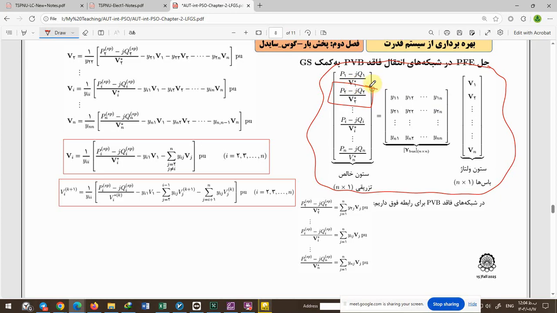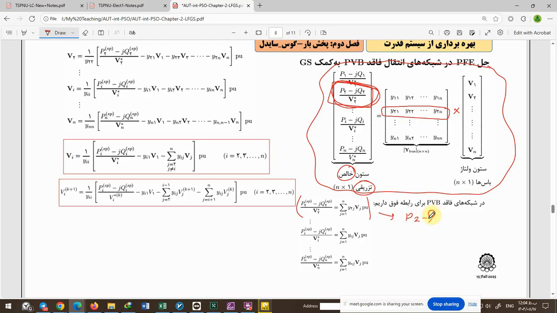For example, the second array of pure injection is the extraction of Y bus multiplied by the column of voltage, and you can write it like this.